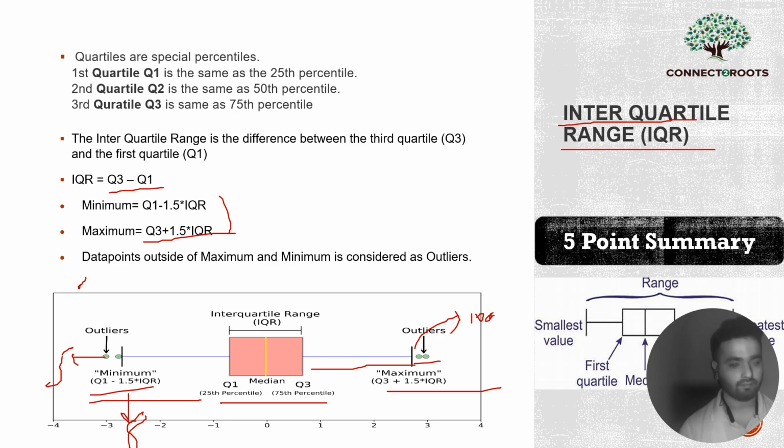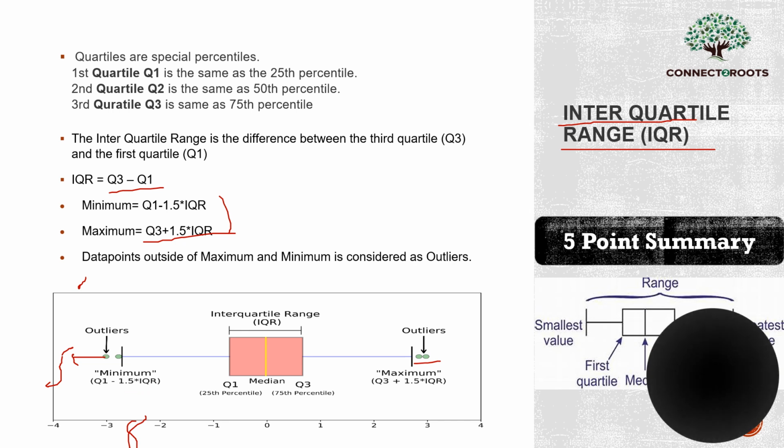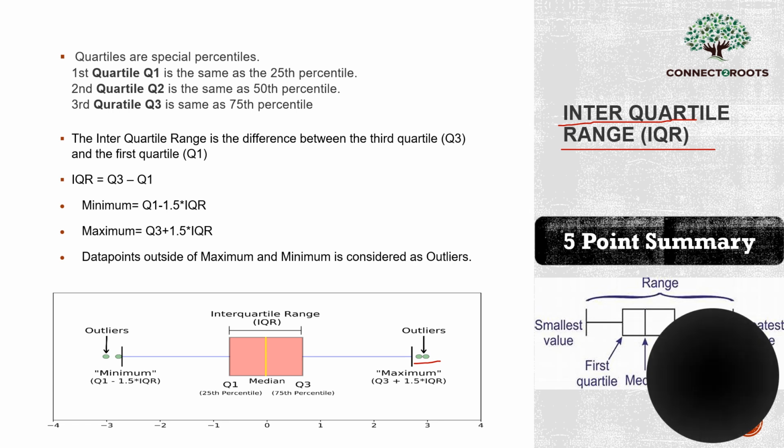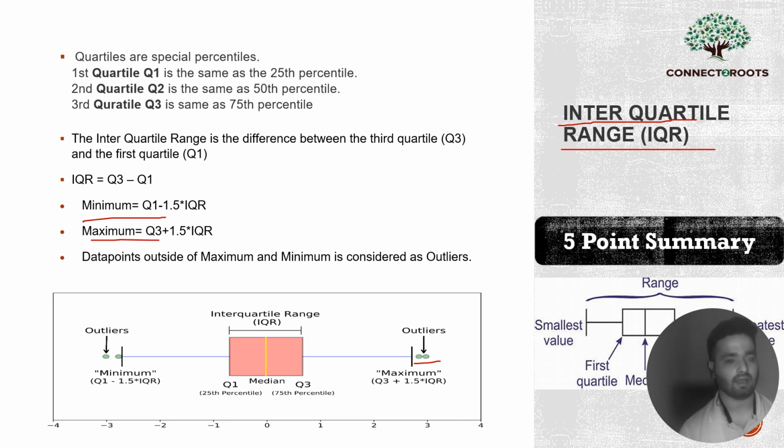With the help of this box and whisker plot, we can determine outliers. If we find the minimum and the maximum, any data point outside of them is considered an outlier.